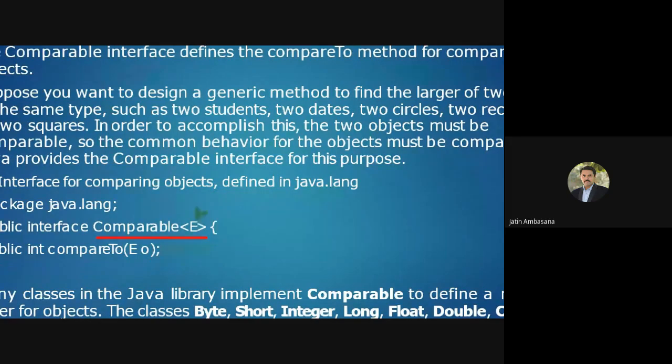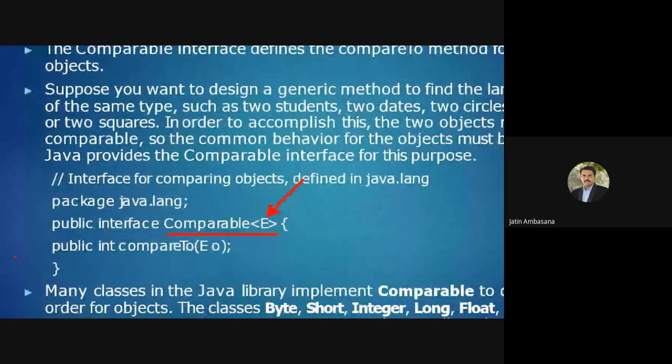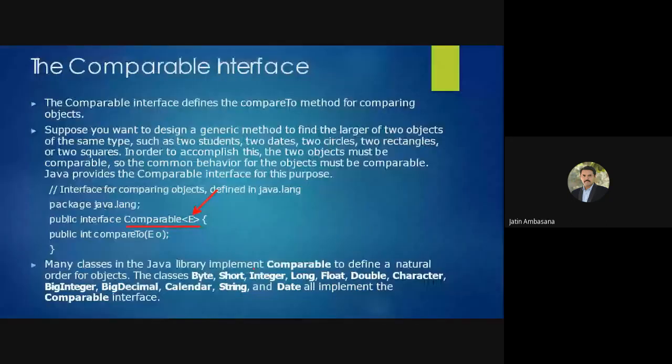Any class name can be passed over here as an E. There are many classes in the Java library that implement Comparable to define a natural order of the objects, so that they can be sorted. Byte, Short, Integer, Long, these wrapper classes all implement the Comparable interface, even Date and String.